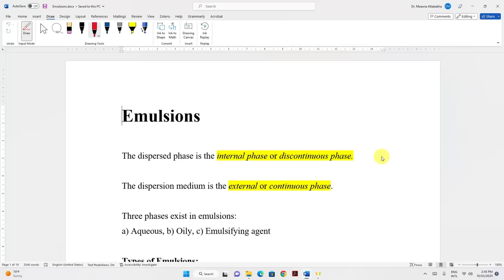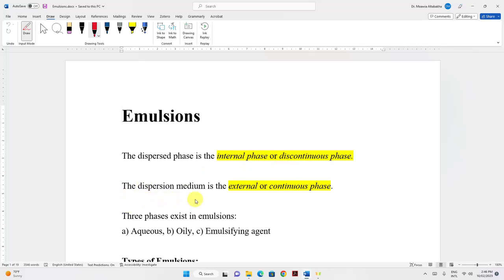Now, the dispersed phase in emulsions is frequently referred to as the internal phase or the discontinuous phase. So in comparison to suspension, where it is referred to as suspensoid, in emulsion it is usually referred to as the internal phase, or the discontinuous phase.